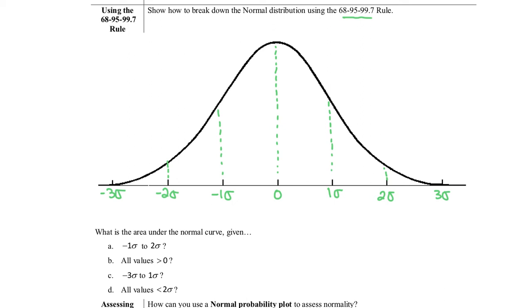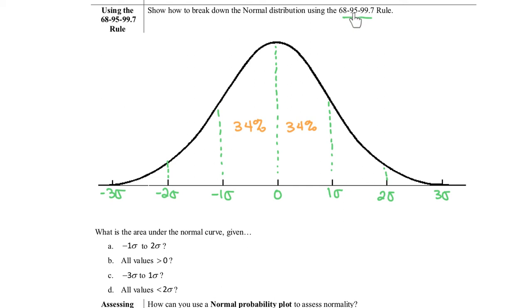So if you remember, from -1 to 1 would be 68% of my data. If I wanted to know just from here to here for one of these parts, I would cut that in half, and this would be 34% of my data on each side. Now from 2 standard deviations on either side is a total of 95%.